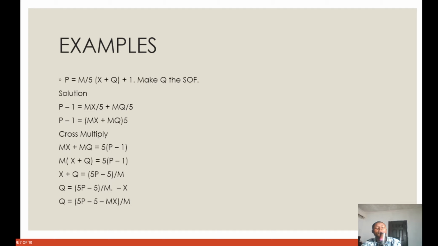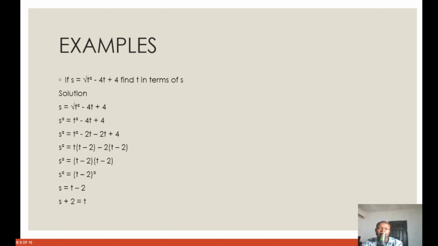So here now we move to another question, which looks similar to the first one. In this form we have: if s equals the root of t squared minus 4t plus 4, we have to find t in terms of s.